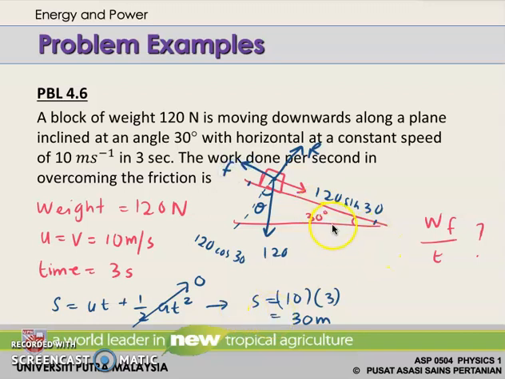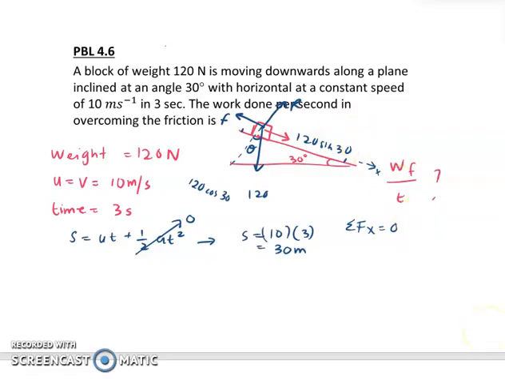Since we are not given the coefficient of friction, we need to solve for friction using this equation, Fx equals 0. This is our x axis. So Fx equals 0, and in my axis, I have minus F plus 120 sine 30. So my friction is 120 times sine 30.